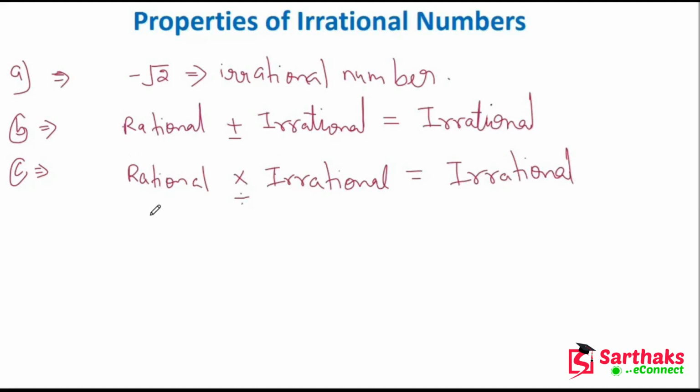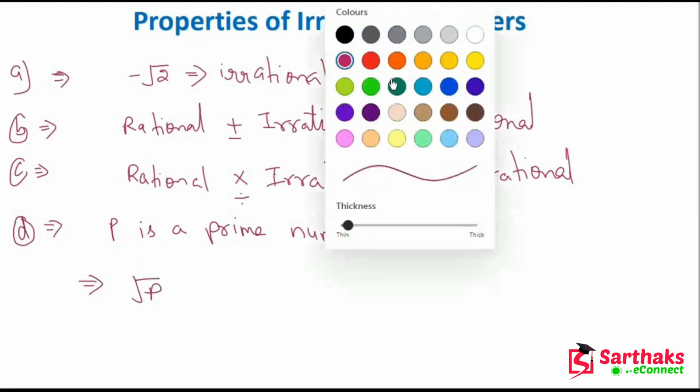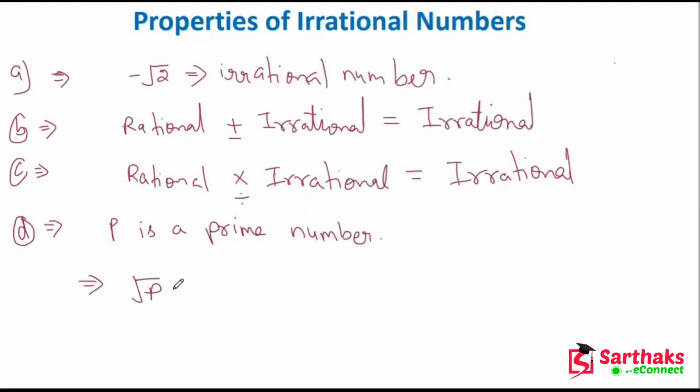So now our last property is that if we have a prime number, let's suppose P is a prime number, and we take the under root of the prime number, under root of P. Listen to me very carefully.